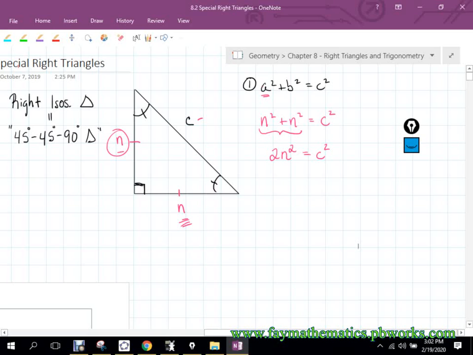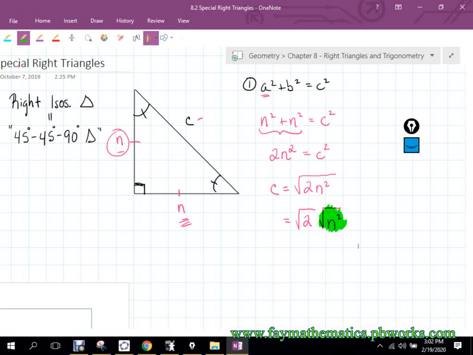To solve for C, can I take the square root of both sides? So I would have that. Now we also know then that a square root of a product is equal to the product of the square roots. So I can rewrite this as radical 2 times radical n squared, right? What happens right here with that radical n squared?